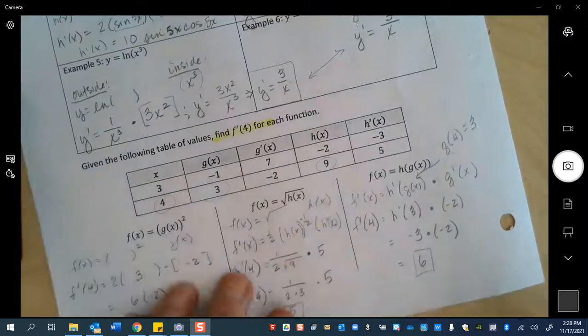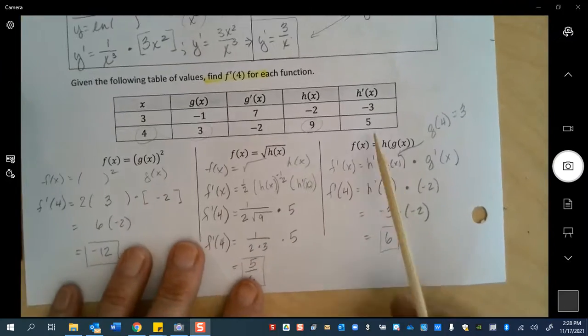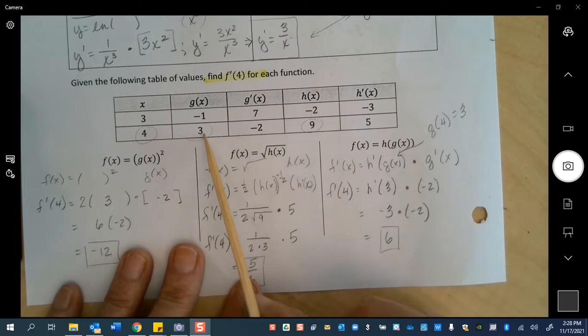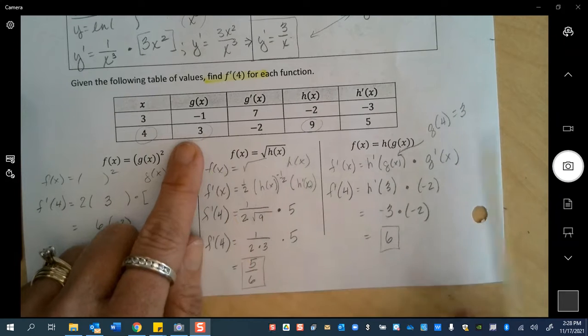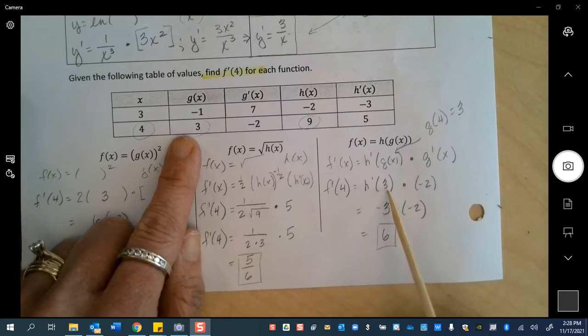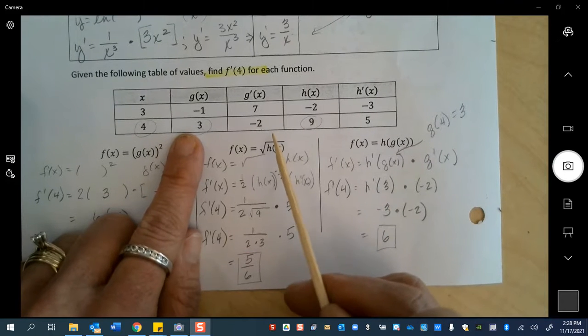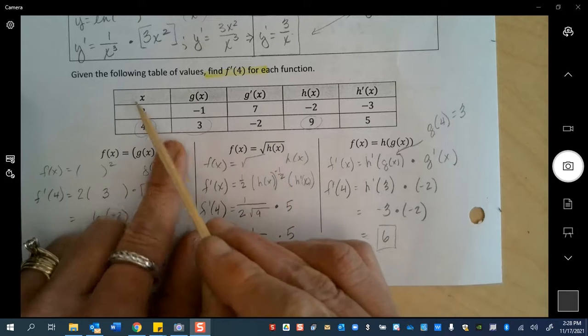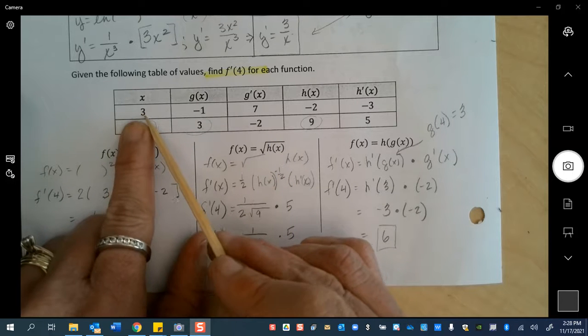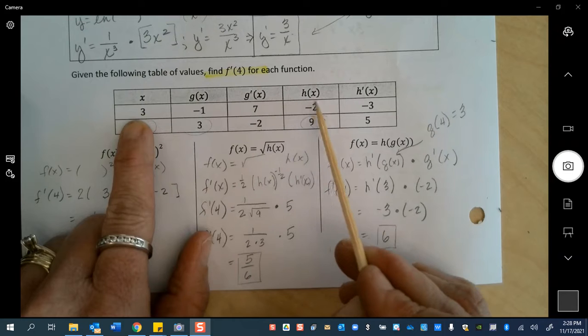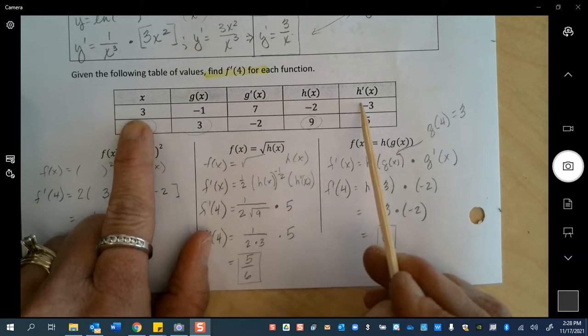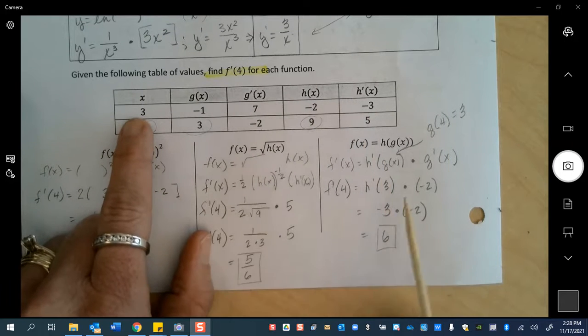That's what happens here. I put my input of 4 into g. When 4 goes into g, do you see how 3 comes out? So because that was an embedded composite function, now I'm finding the derivative of an input of 3, which is why I need that second row. Here's my input of 3. So my derivative of my h with an input of 3, my output is negative 3, and that's why that's negative.